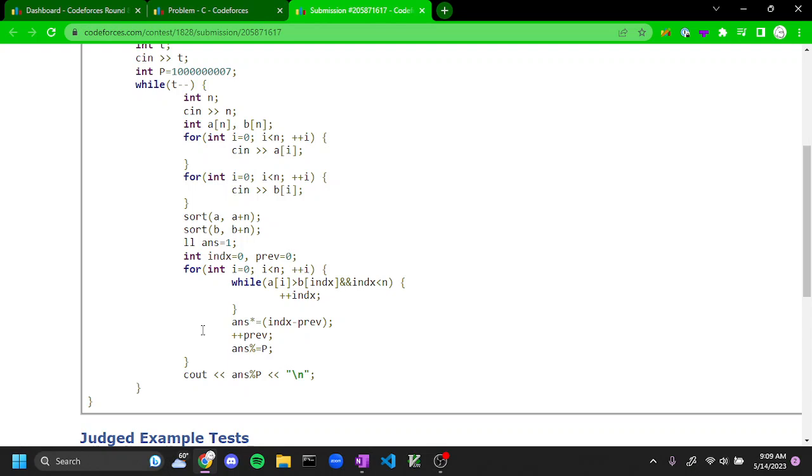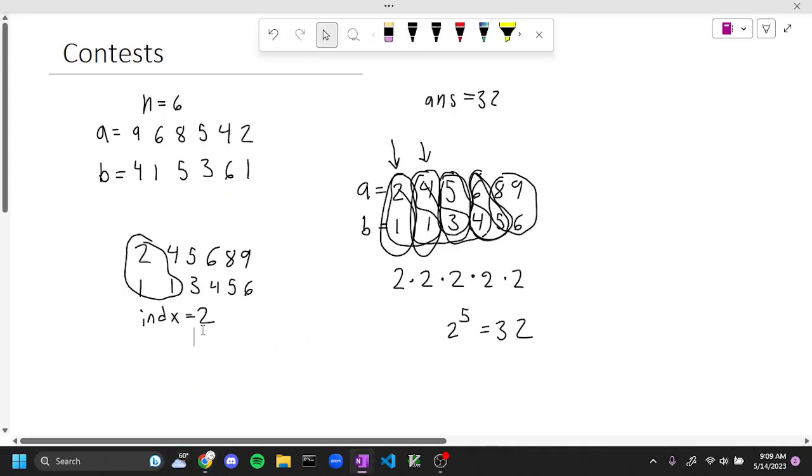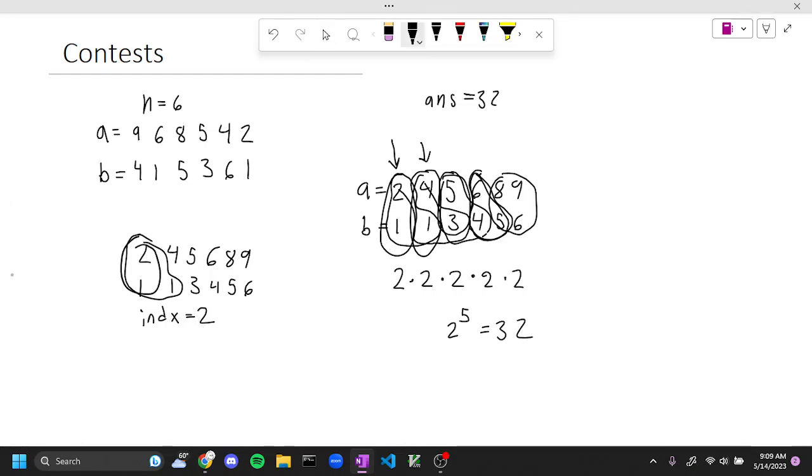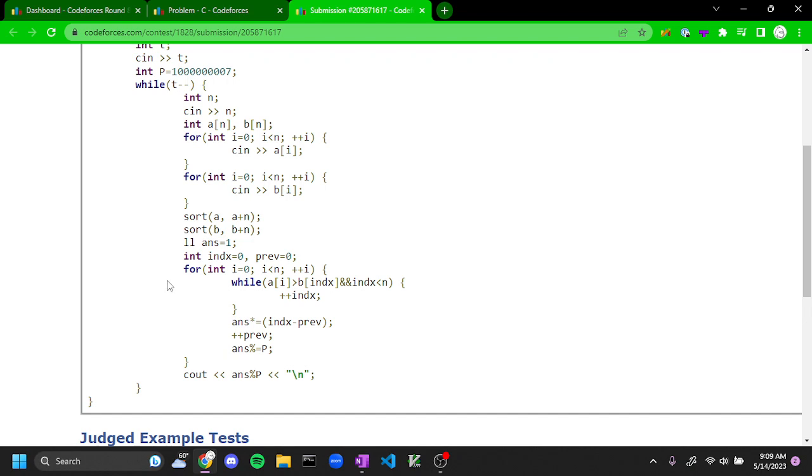So I keep a previous variable to see where I left off, and previous will basically increment every single time that I encounter a new blob, I guess you can call it. So while it's greater than the elements of B and it's less than n, which means that it's within the array bounds, because I don't want to go out of bounds, then I add 1 to index, multiply it by answer.